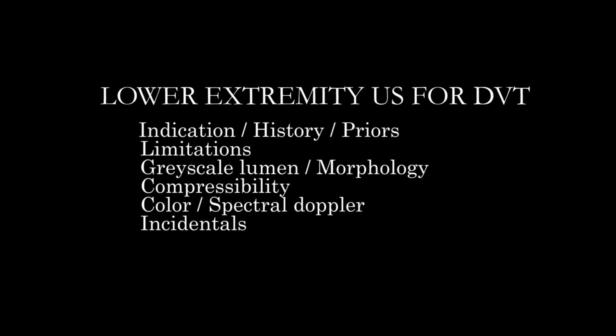We're very interested in compressibility because that's going to be the most specific finding to help us figure out if there really is DVT or not. And then as needed, we're going to look for flow on color Doppler. And then, to get a sense of more central pathology and its impact on the venous vasculature, we're going to look at the spectral Doppler findings throughout the lower extremity. And then just to make sure also that we're looking at the other soft tissues as needed, as a good practice for every study.